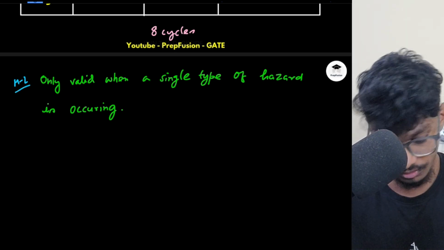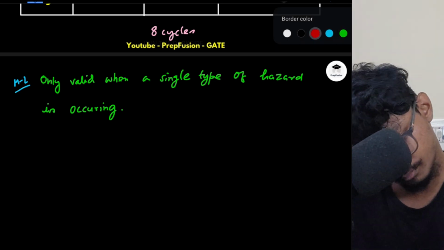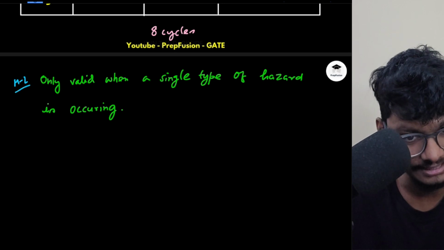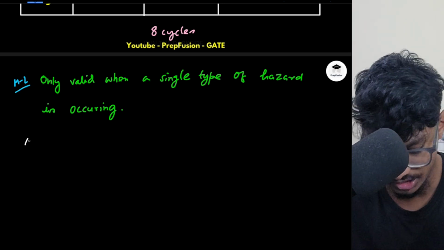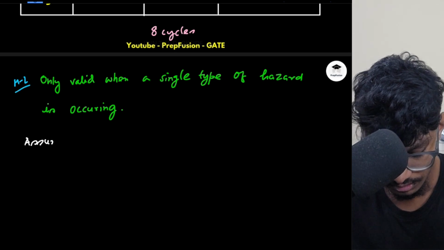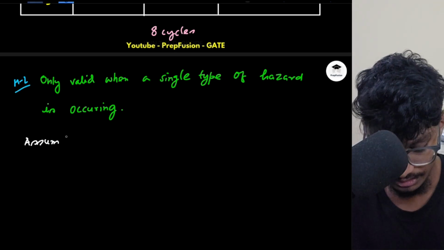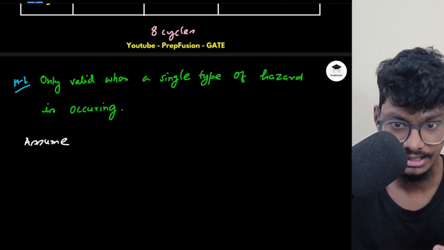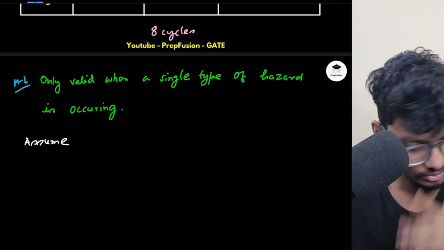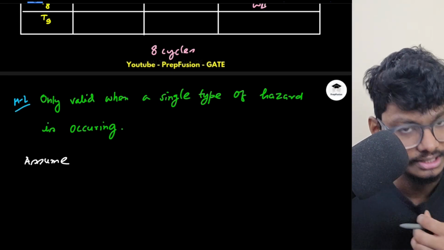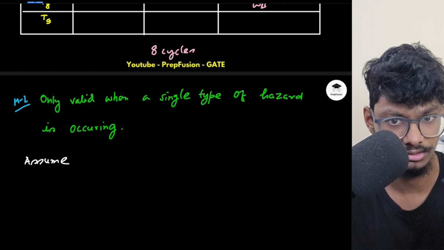Okay, so what I can say is that, assume each instruction takes one cycle to execute in the pipeline, right? Because if n is very large compared to k, we take only one cycle to execute a new instruction.